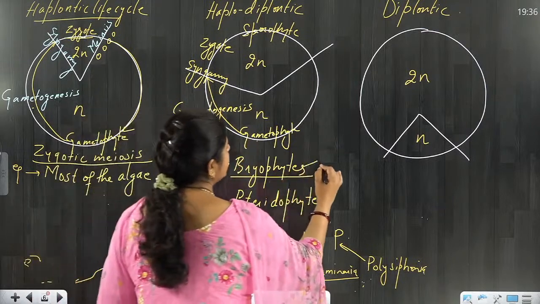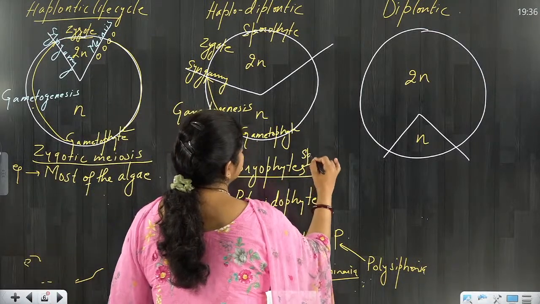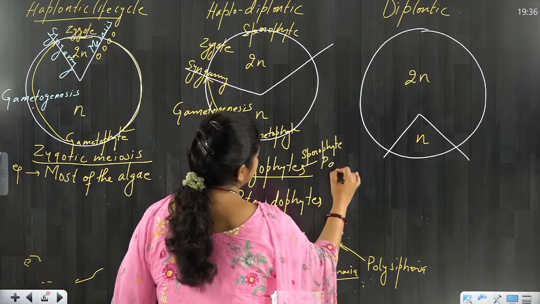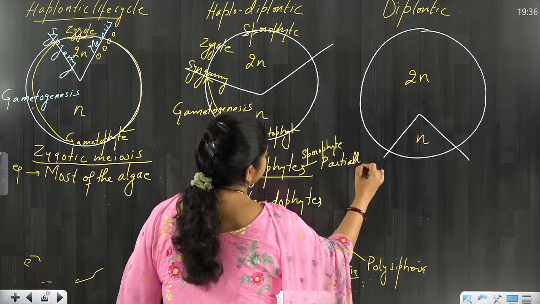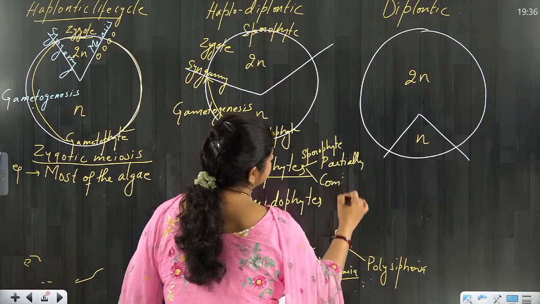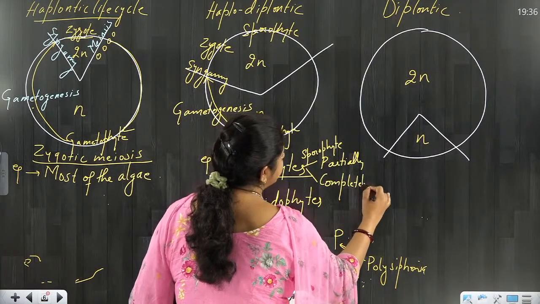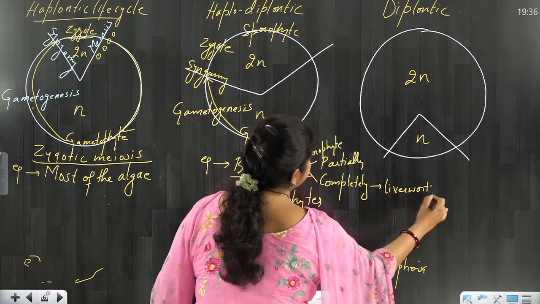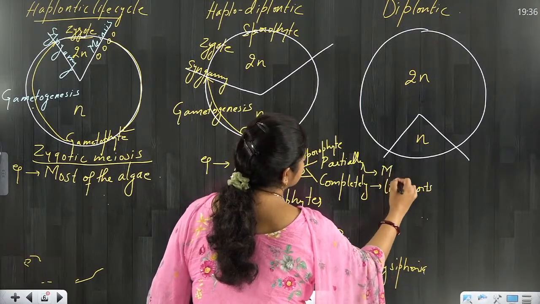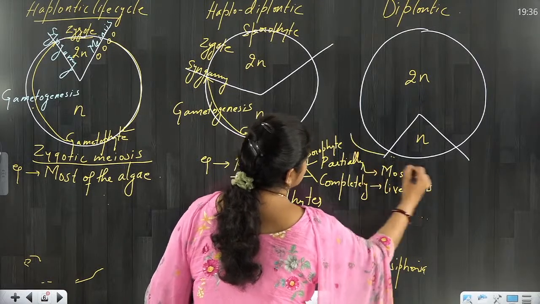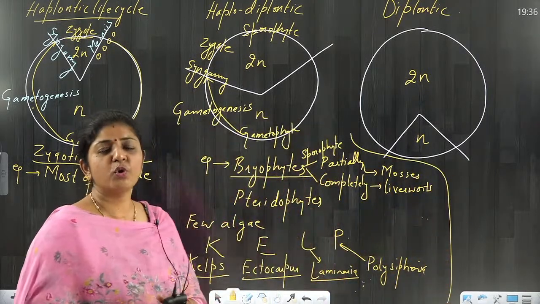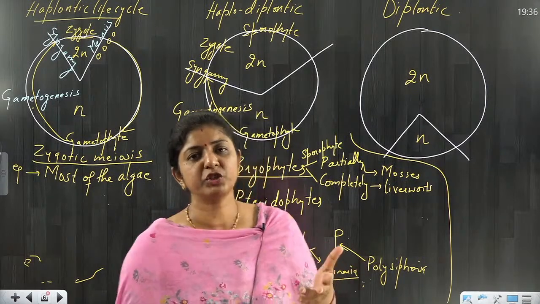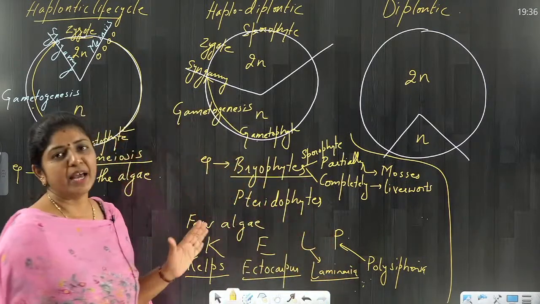The sporophyte can depend partly or it can depend completely. Completely in which case? In case of liverworts. Partly in which case? In case of the mosses. So sporophyte will depend upon the gametophyte in case of the bryophytes.